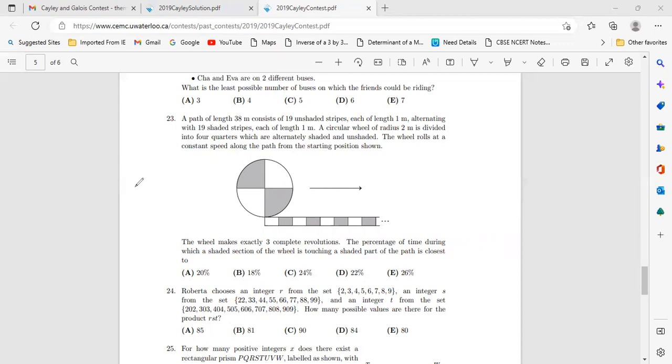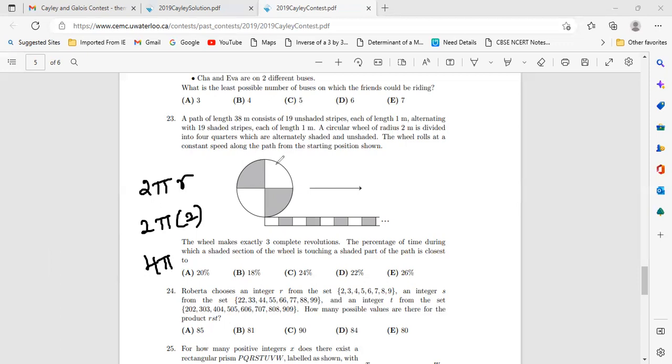Okay. So we already know the circumference of the circle formula is 2 pi times r, right? So it's 2 pi times the radius, which is already given in the question as 2. So it is going to be 4 pi, right? So the circumference of the circle is 4 pi.